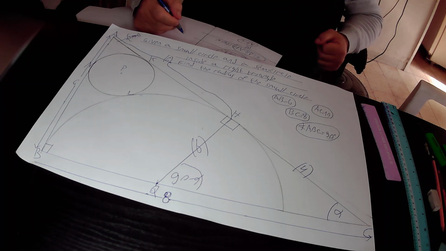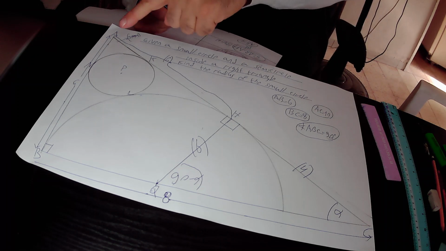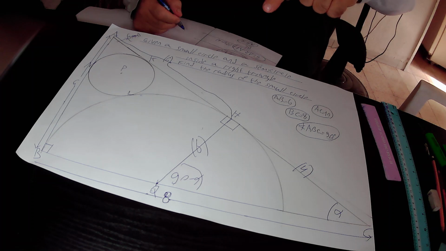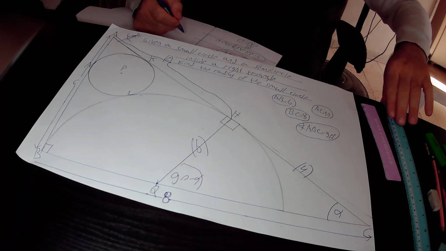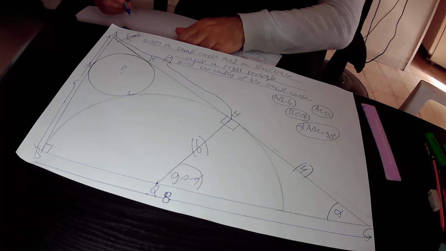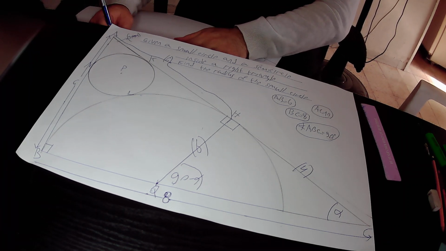In the next step, we will prove that the big right triangle ABC is similar to this small right triangle HQC. So I write it down: prove that the big right triangle ABC is similar to the small right triangle HQC.